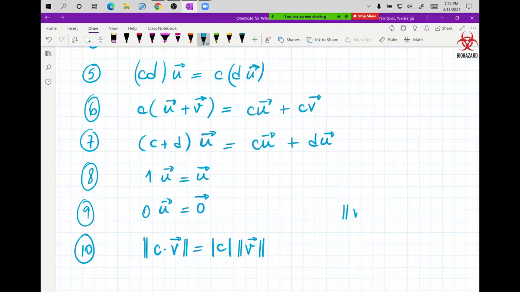So this is magnitude. And you will see sometimes people use 1, sometimes they use 2 of these absolute value type of brackets. It's just a notation. We know what it means, so we just use it.